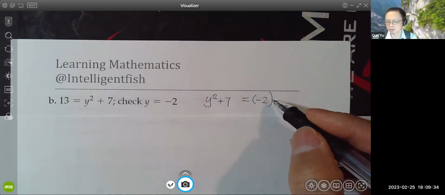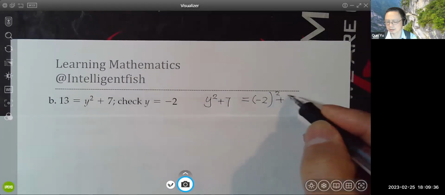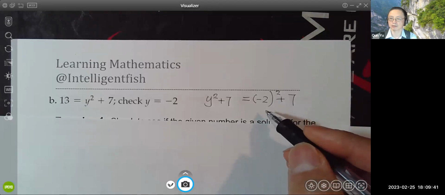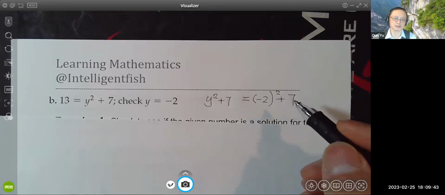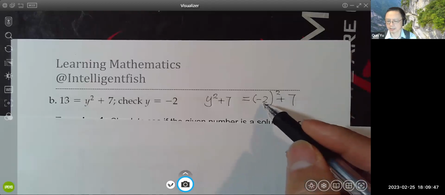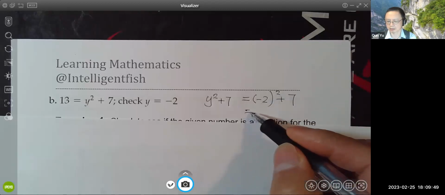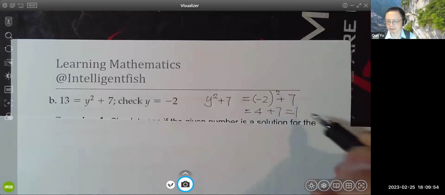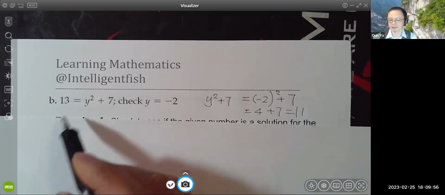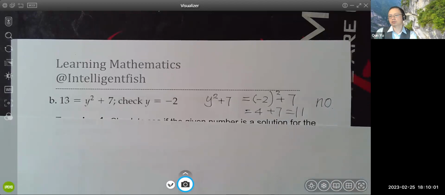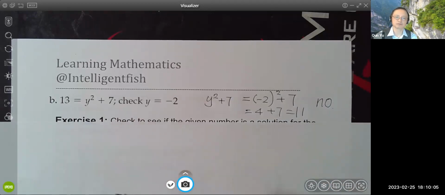So (-2) squared plus 7. And (-2) squared means -2 times -2. Anything squared really means that number multiplied by itself. So negative times negative is positive. That's a 4. 4 plus 7 is 11, right? And the other side is 13. So the answer is no. So -2 is not a solution to this equation.